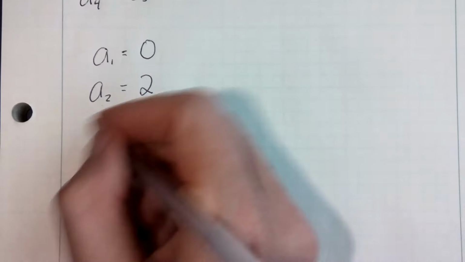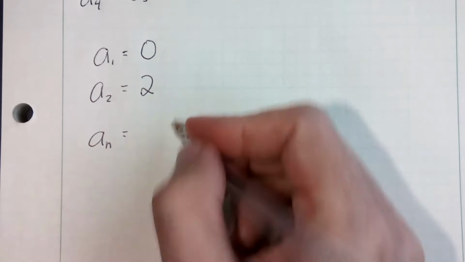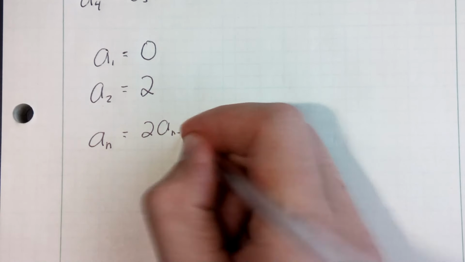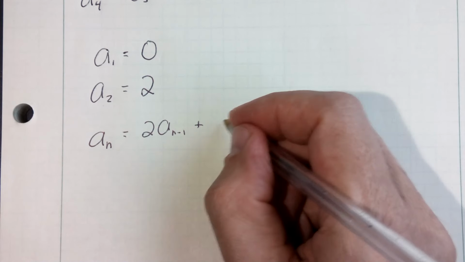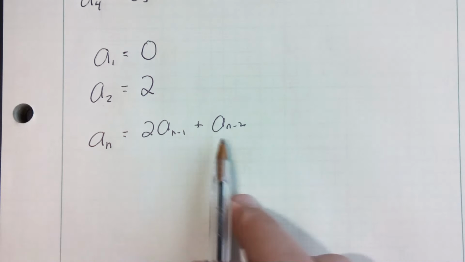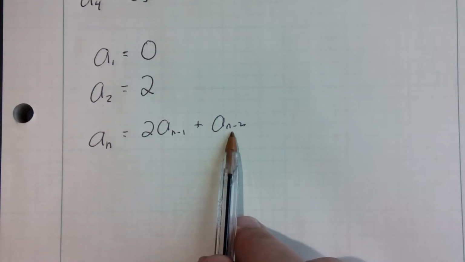And now let's say that the next value is going to be taking 2 times the previous value and adding it to, well, let's just say the term 2 terms in front. So this is the previous term. This is 2 terms in front of the nth term.